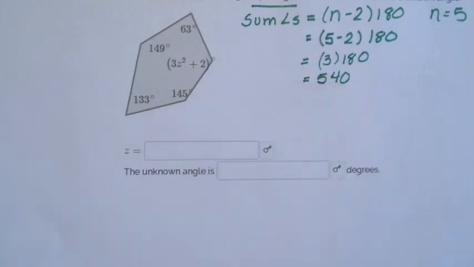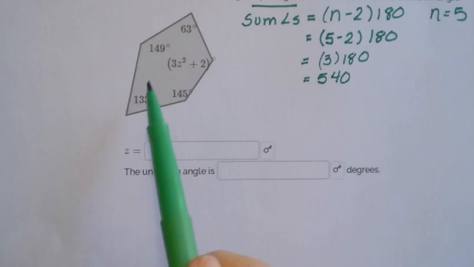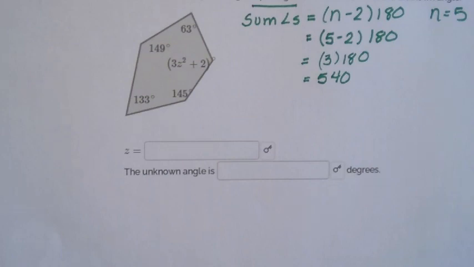And when I multiply that out, I get the same thing, 540. So what that means now is that all of our angle measurements inside this pentagon add up to 540 degrees.